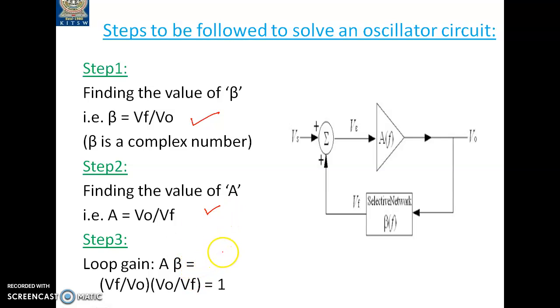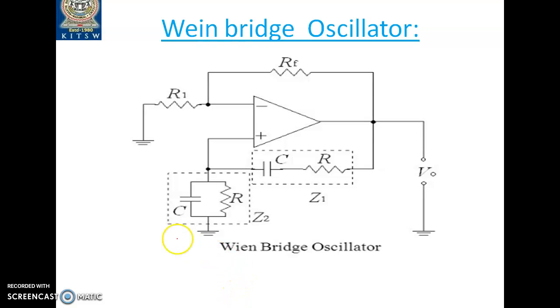Once you have A and beta, we equate their product to 1. Then we compare the real part and the imaginary part, taking the imaginary part on one side and the real part on the other. Now we are able to calculate the frequency of oscillation required for the Wien bridge oscillator, and similarly the amplifier gain. This is our discussion for today's video lecture.